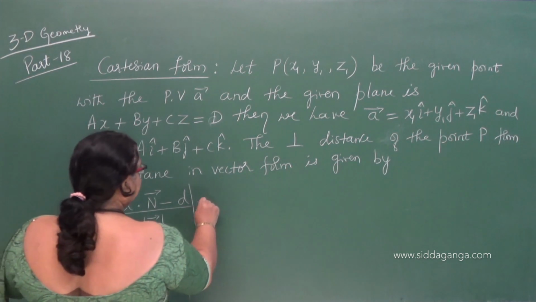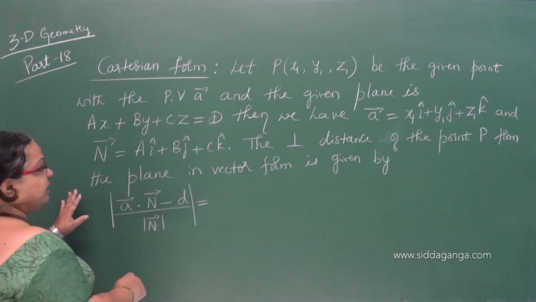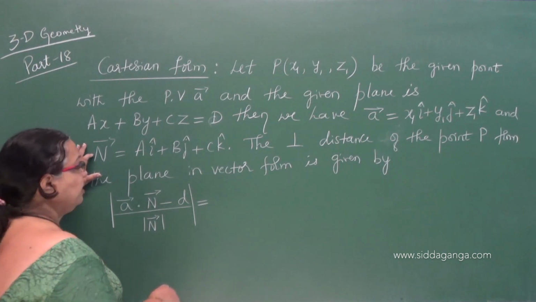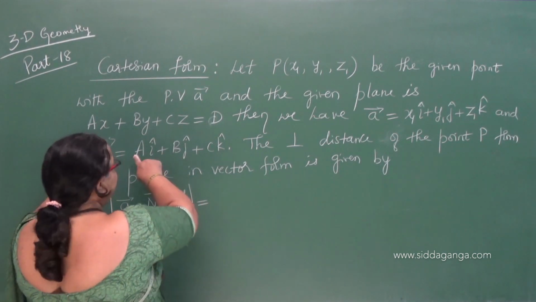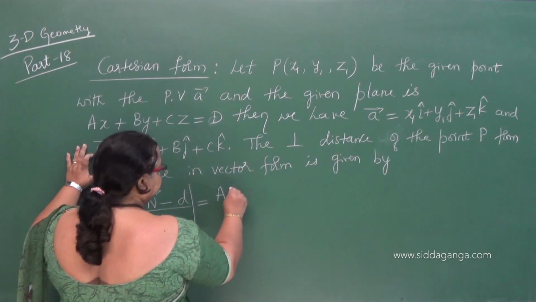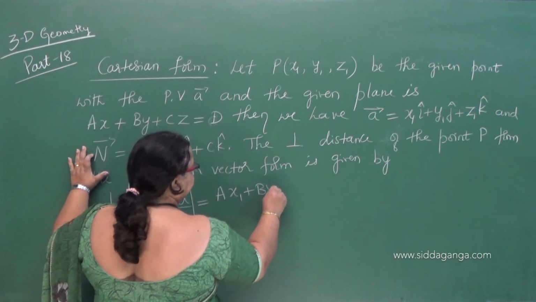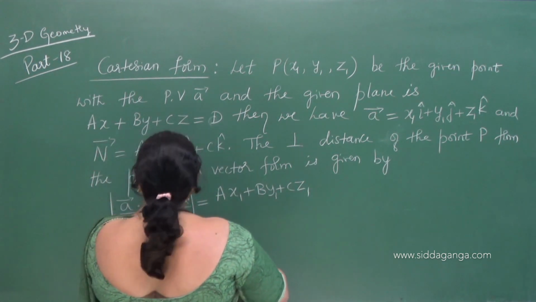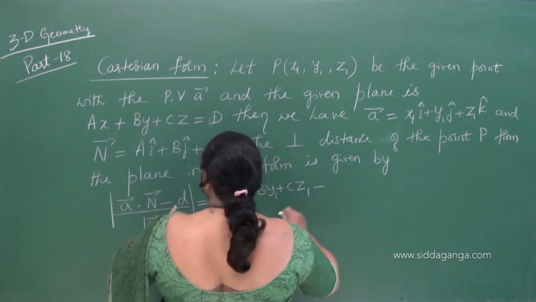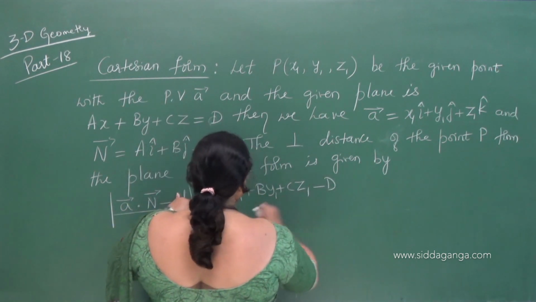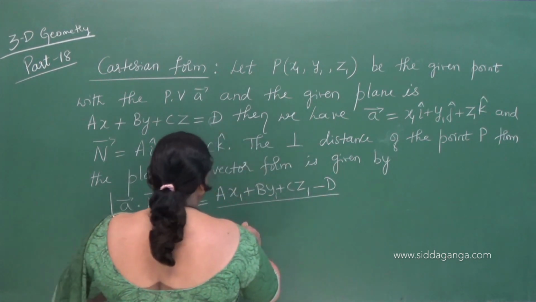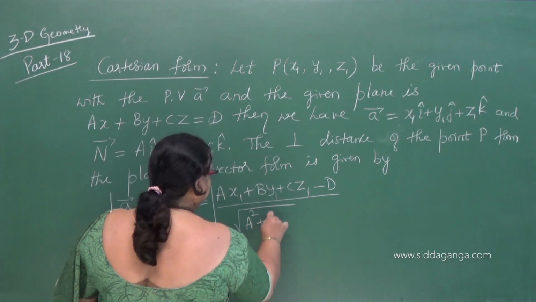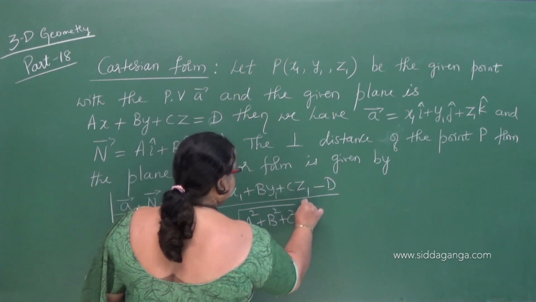Taking the dot product of vector A and vector n gives A x1 plus B y1 plus C z1, minus D, where small d is in one and capital D in the other, divided by the magnitude, that is, the root of A square plus B square plus C square.